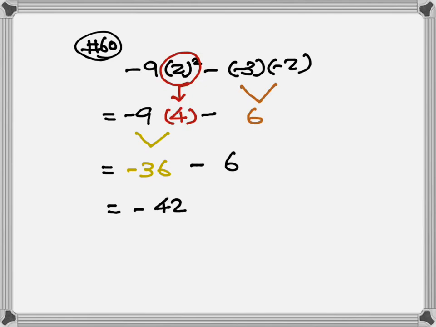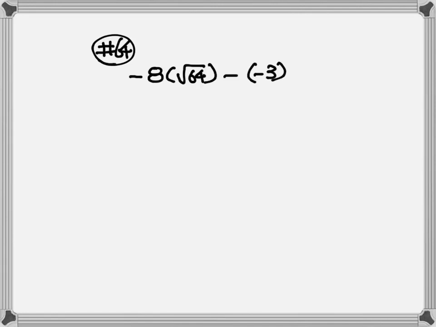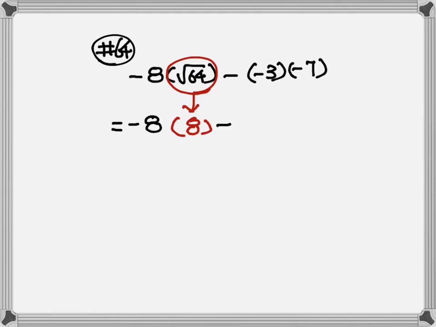Next, let's look at number 64. Number 64, we have negative 8 times square root of 64 minus negative 3 times negative 7. So here, we're going to keep the negative 8. We're going to do the square root first. Square root of 64. Use your calculator. That gives you 8. After that, keep the minus.